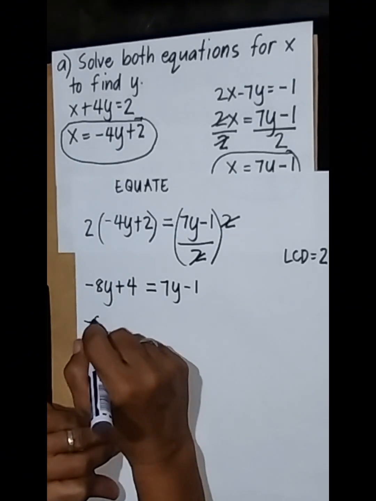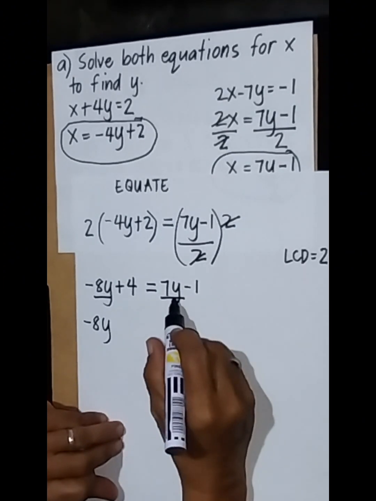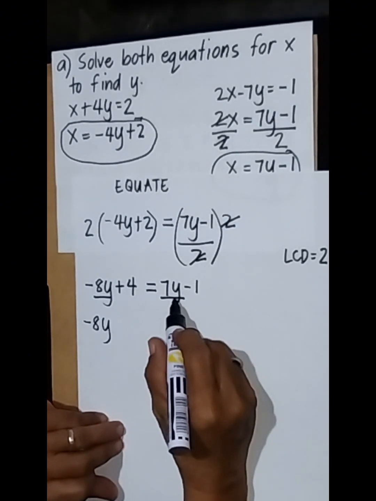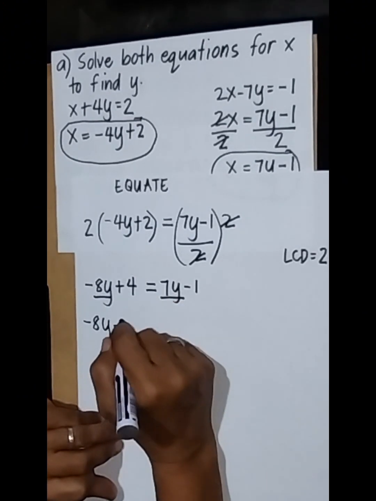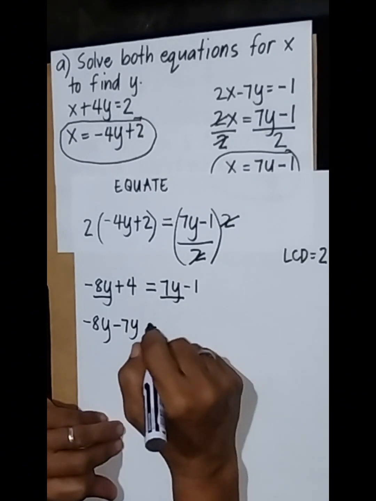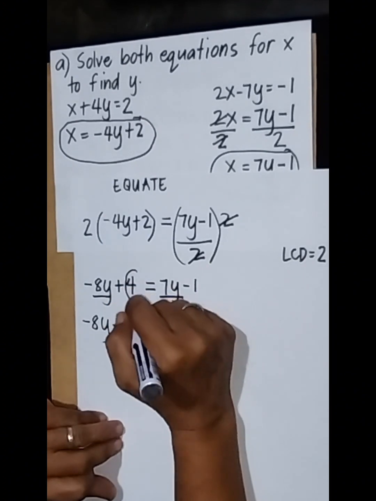So, negative 8y. Ito pong 7y, ilipat po natin sa left side. Then, positive po siya dito, so magiging negative na po siya. Equals negative 1. Ilipat po natin ang constant.